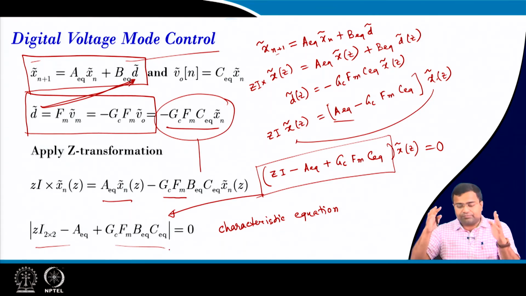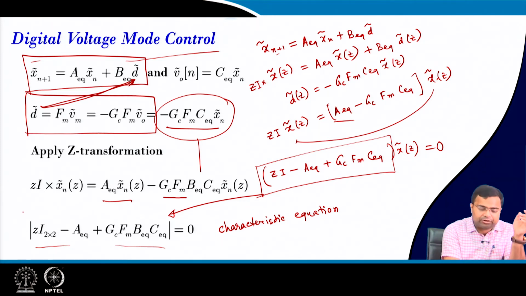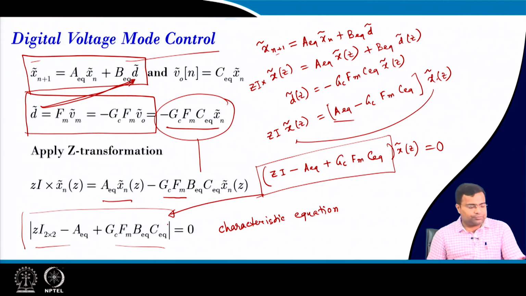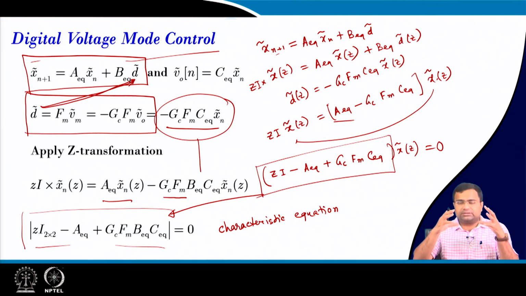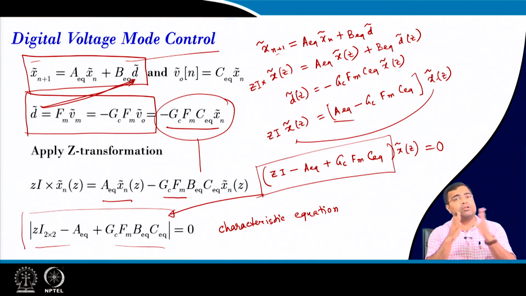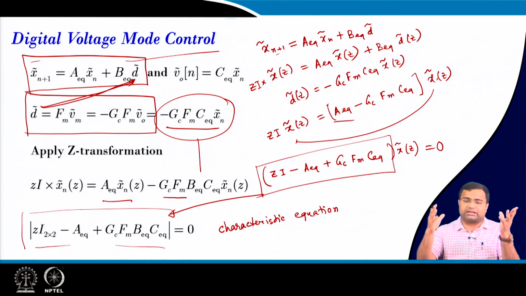That means, by suitable choice of controller, because it is directly in the digital domain, none of the eigenvalues should go outside the unit circle, because this is under closed loop voltage mode control. And when we go to design, we will consider such an equation. So, if one of the eigenvalues goes outside the unit circle, then it may lead to different types of instability.